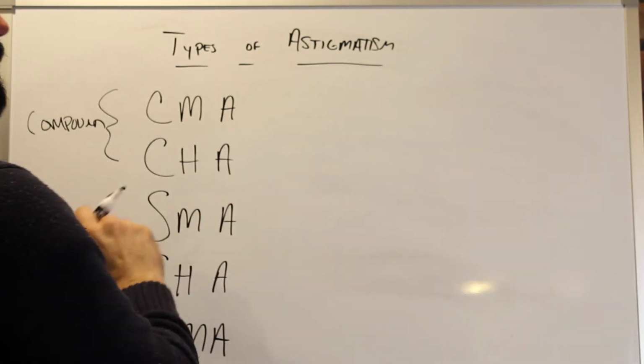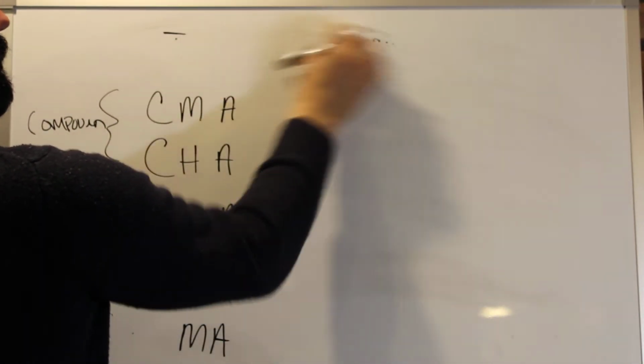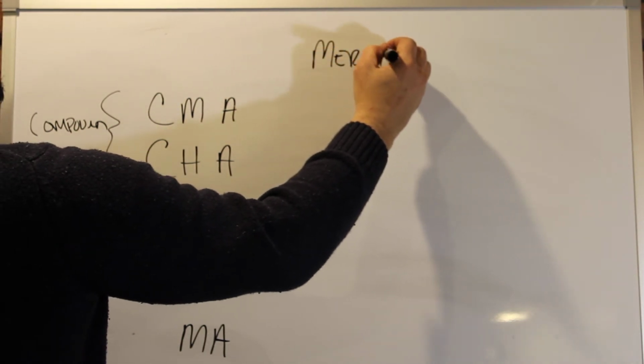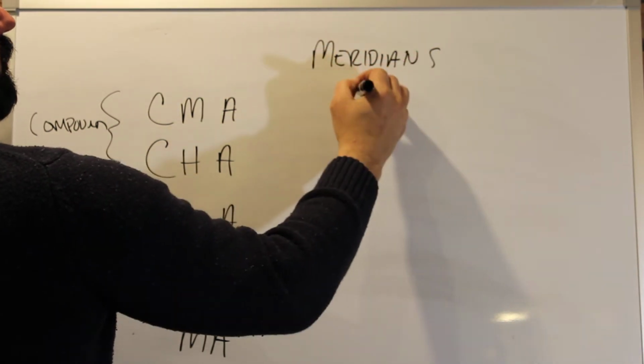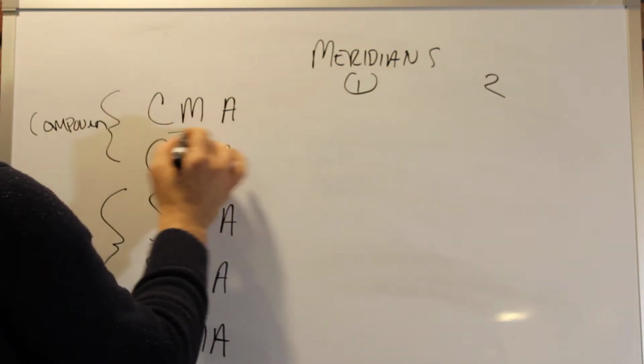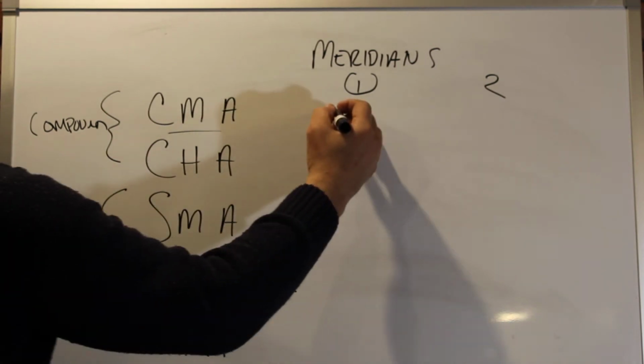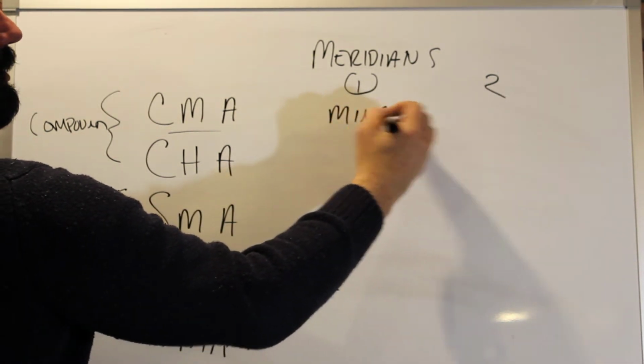If you look at meridian 1 and 2, with a compound myopic astigmatic lens, a compound CMA, both are minus.